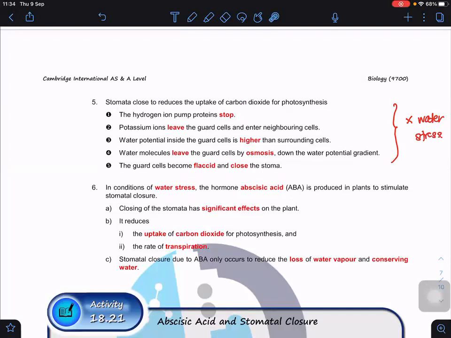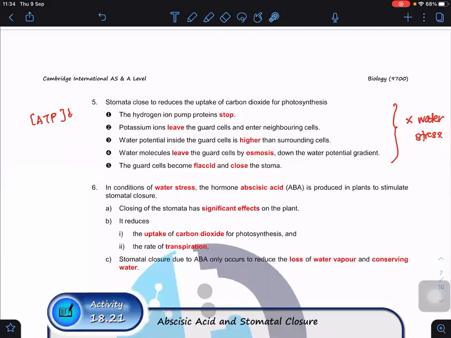At night, for example, we want to reduce the uptake of CO2 for photosynthesis. Because the ATP concentration is low or there is no ATP, the hydrogen ion pump or proton pump stops. Potassium ions leave the guard cells, entering the neighbor cells. Therefore, the water potential inside the guard cell is higher because we lose the positive ions. So water molecules leave the guard cell by osmosis down the water potential gradient. Therefore, the guard cell becomes flaccid and closes the stomata.